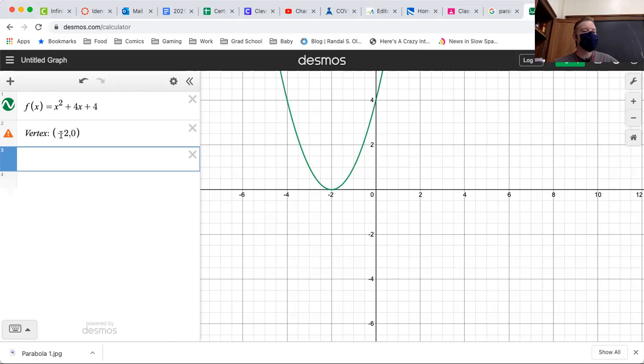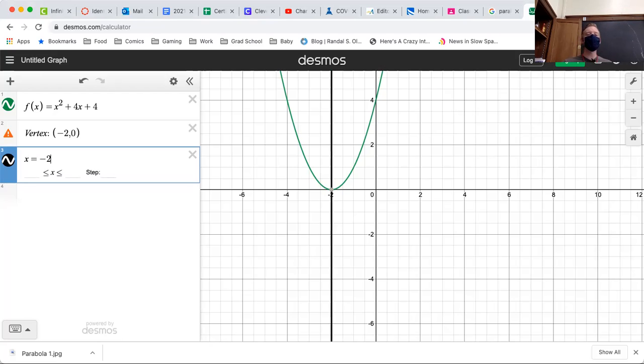We can also use the x value of our vertex right here in order to make our axis of symmetry. And in this case, we have -2. So our axis of symmetry will be x equals -2. And we see that makes a nice vertical line right through the middle of our graph here.